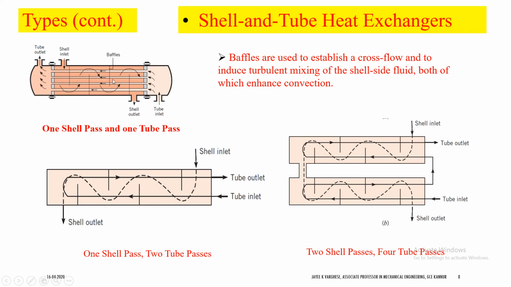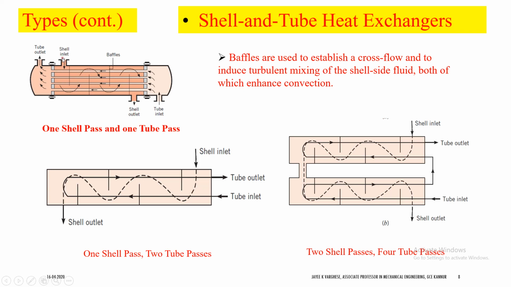So this figure shows one shell pass. Typically shell fluid enters at the left end, flows to the right side, and leaves at the right end. So shell fluid has only one pass, and as it passes from left to right, there are baffles provided for the shell fluid, so that it resides inside the shell for a longer time, so that the contact time will be more and maximum heat exchange is possible for the shell fluid.